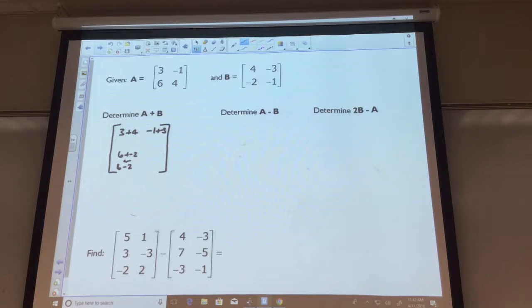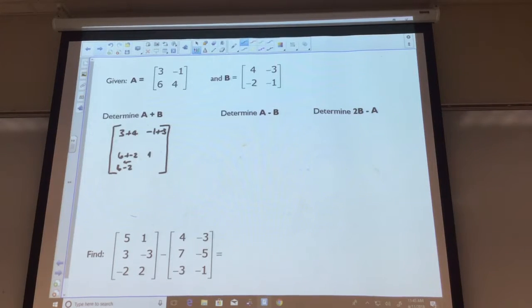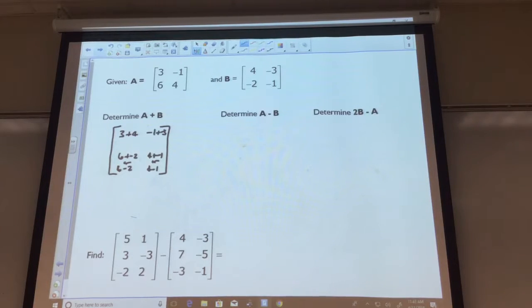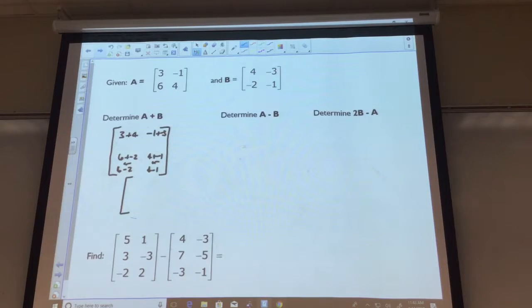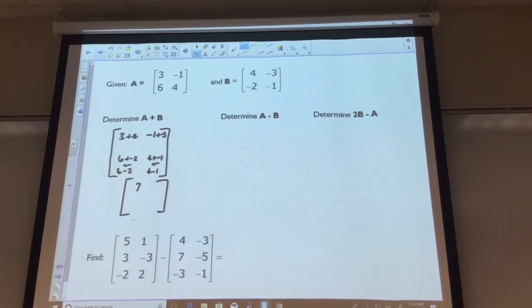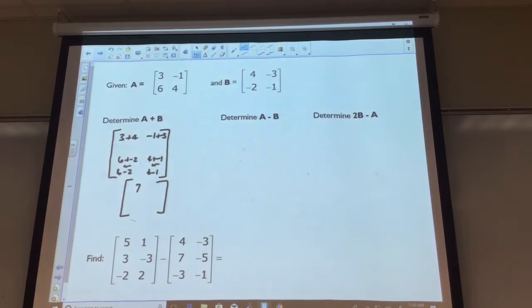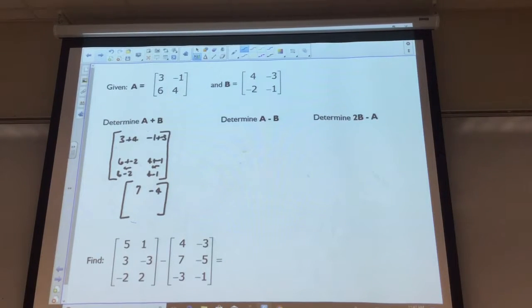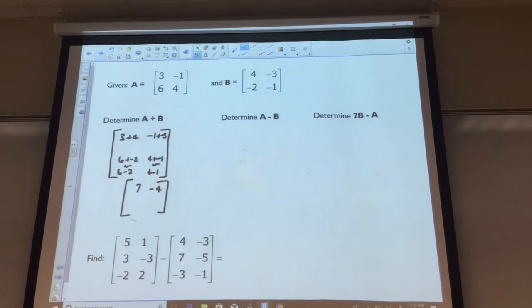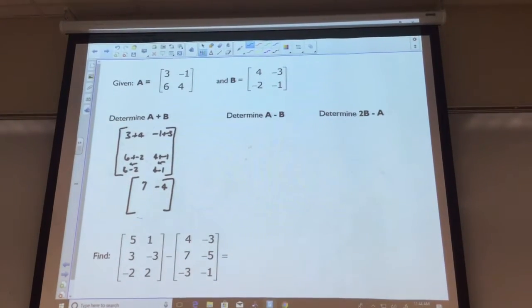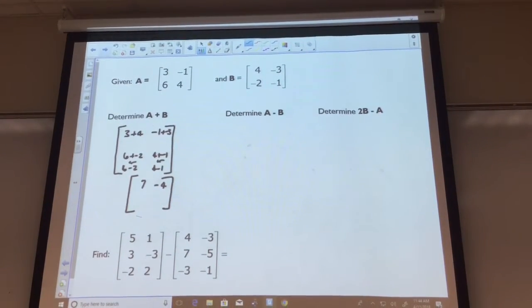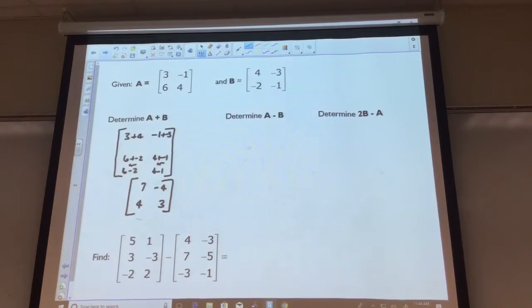Same thing, okay? And then 4 plus a -1, or you could have written 4 minus 1. And your end result would have upper left-hand cell of 7, upper right-hand cell of -4, lower left-hand cell 4, lower right-hand cell 3.